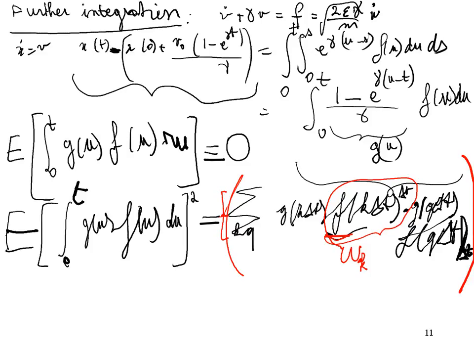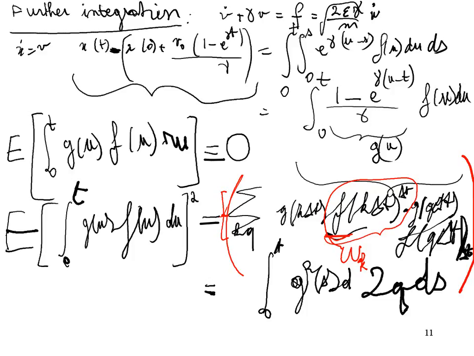Now I will skip some elementary steps. This is now the integral from 0 to t of the function j squared of s ds, multiplied by 2q ds.